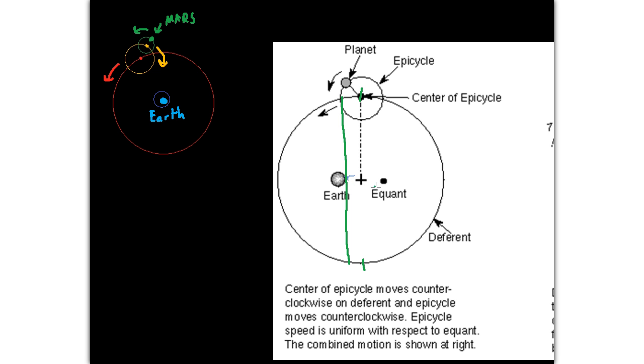And then the next thing he did, which was even stranger in many ways, by the way, that was called an eccentric. It's when you put the Earth off center from the orbit, or you shift the orbit off of being centered on the Earth. The other thing that he did was he introduced an equant.